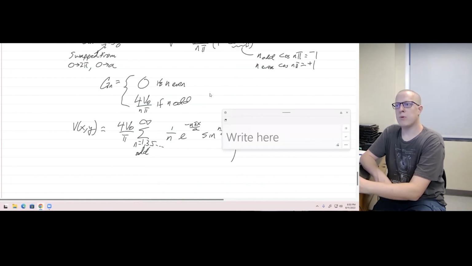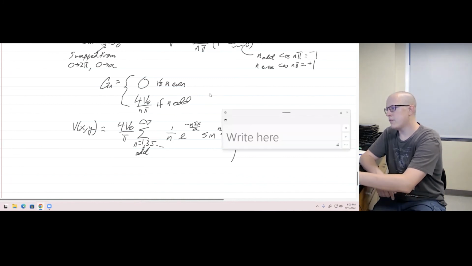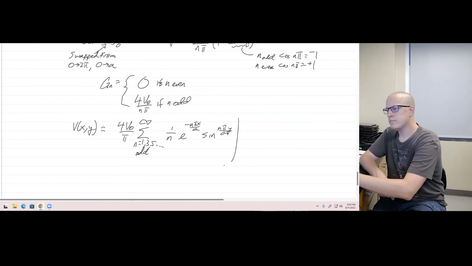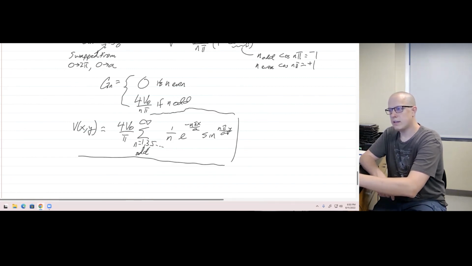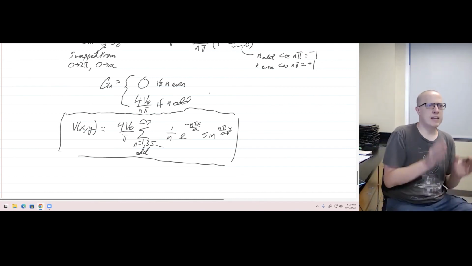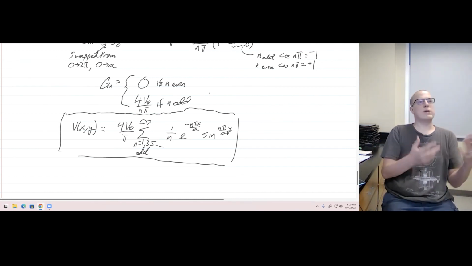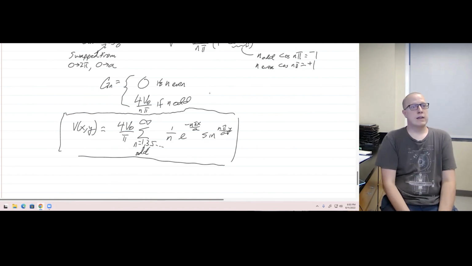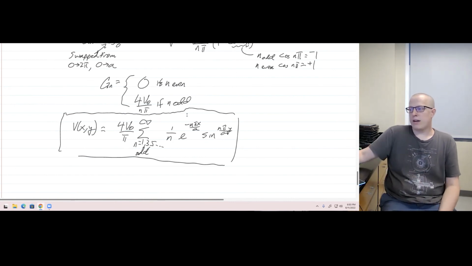So the point here being that we've made some assumptions and it got complicated in the end because of that Fourier's trick. But again, that Fourier's trick just boils down to doing one integral. We now have this solution here.